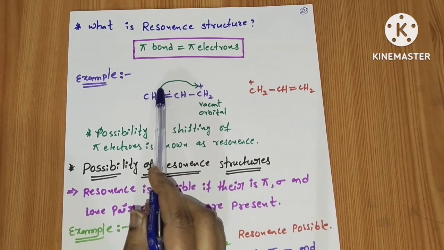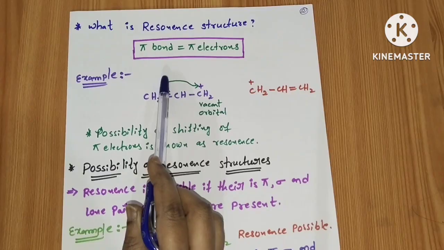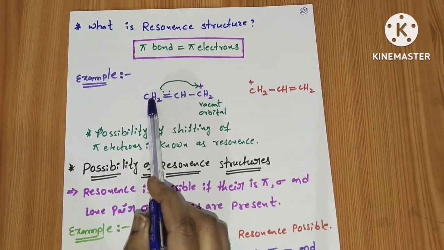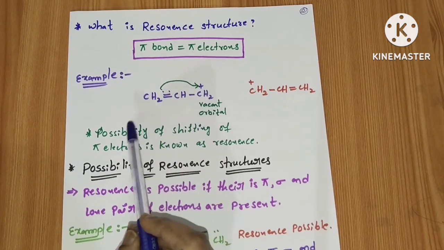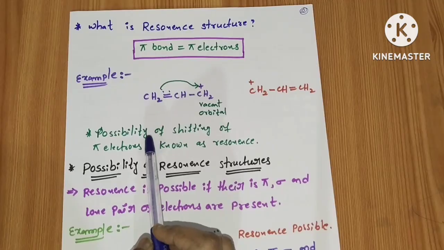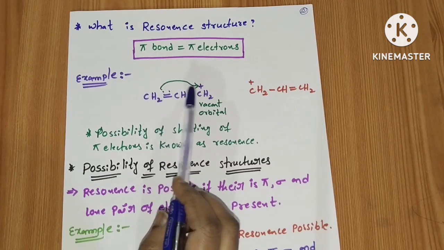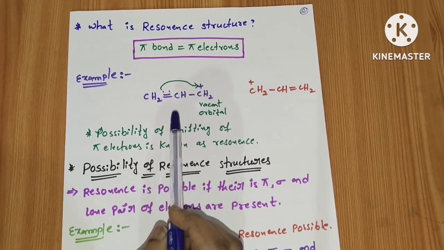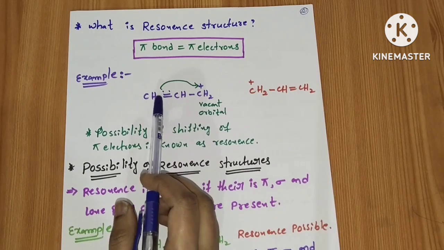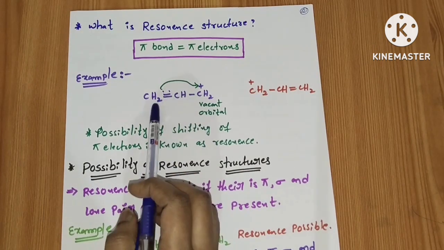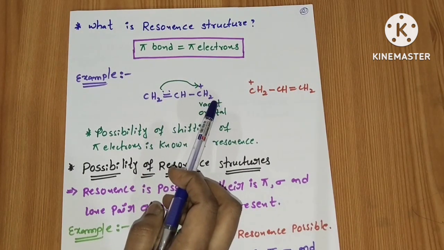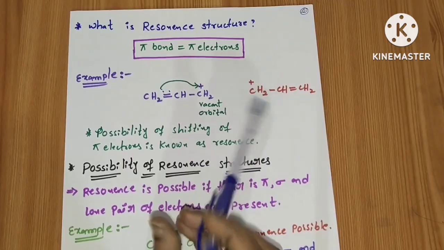There is a possibility that the pi electrons shift from the first carbon to the third carbon. This possibility of shifting of electrons from one atom to another atom is known as resonance. Now, when these pi electrons shift from the first carbon to the third carbon, we will get another structure.